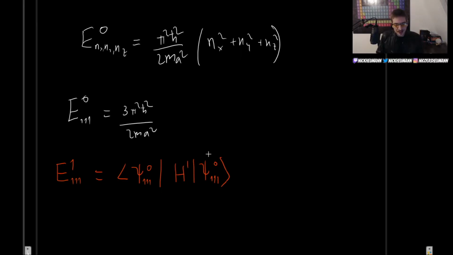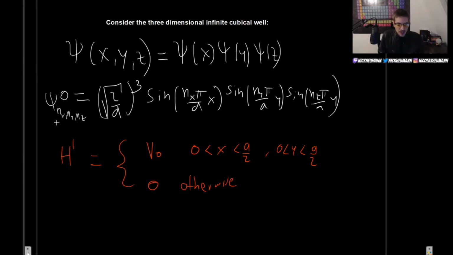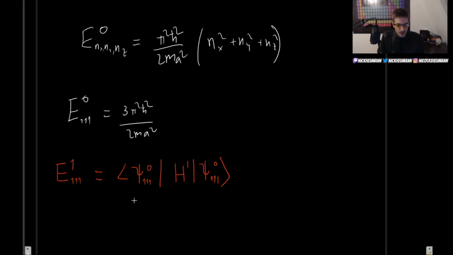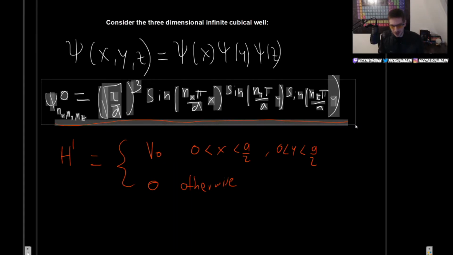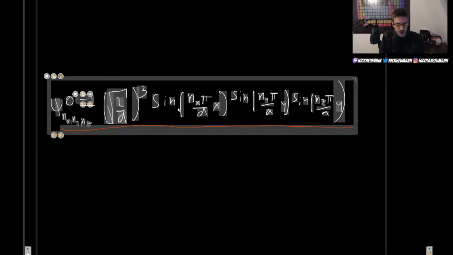Now, what exactly is psi_111? Well, let's just go back a little bit. It would be this beast right here, but instead of an x and y and a z, you put in 1, 1, and 1. So let us write that down. You know what, I'm actually going to copy it. I don't really feel like writing it again. I'm just going to copy it onto a new page.